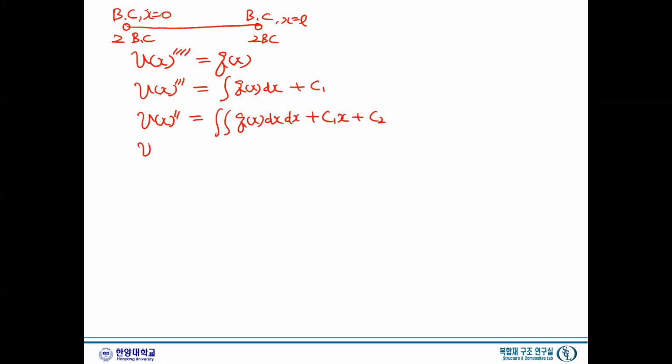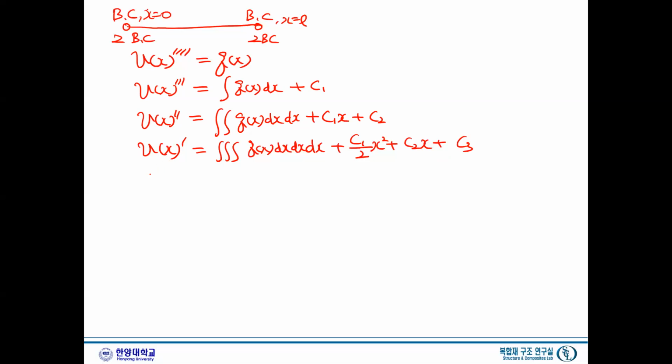Let's integrate one more time, so v prime, and this will be another integral of q(x), and integrate one more time, and then this constant we need to integrate, so C1 over 2 times x squared plus C2 x, and then C3.